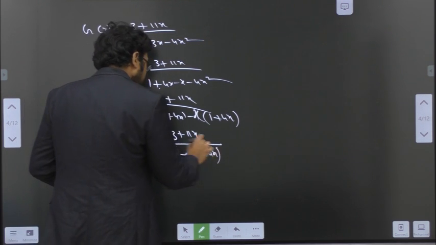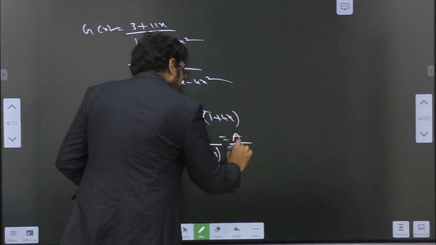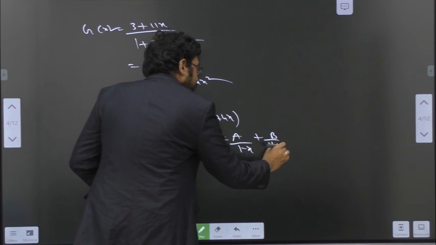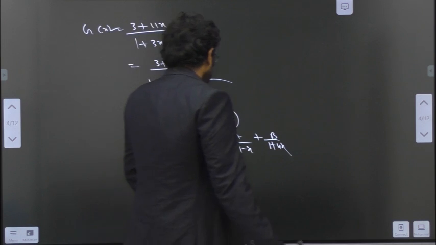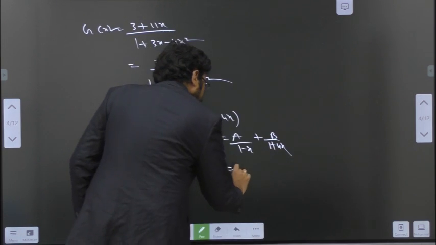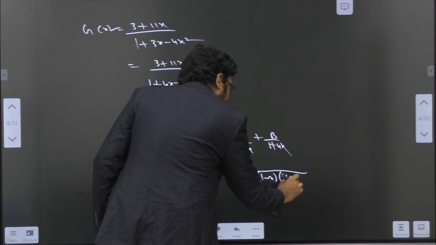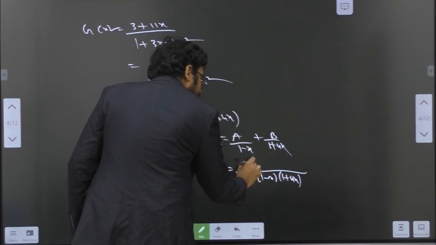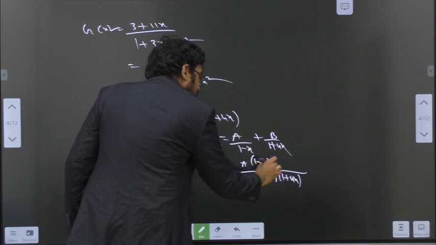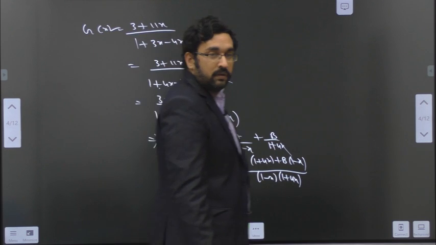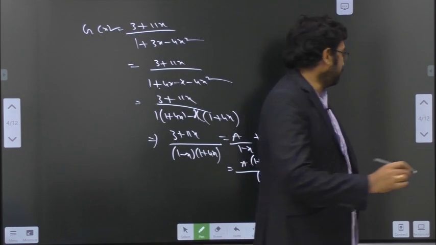So it can be written as a by 1 minus x plus b by 1 plus 4x. So we take the LCM, 1 minus x into 1 plus 4x, then we will get a into 1 plus 4x plus b into 1 minus x. Compare the numerator terms on both sides.